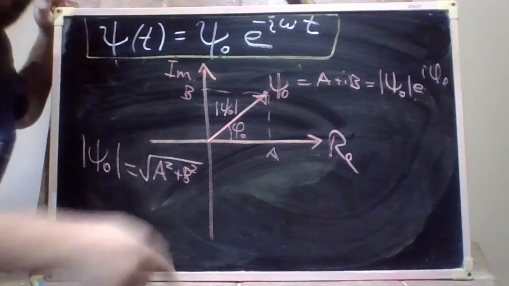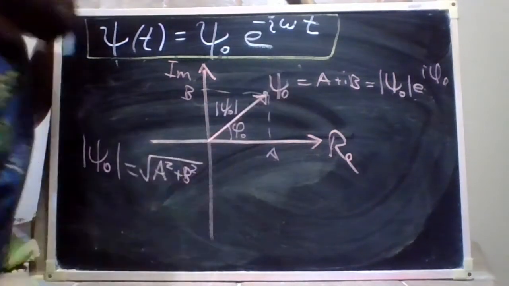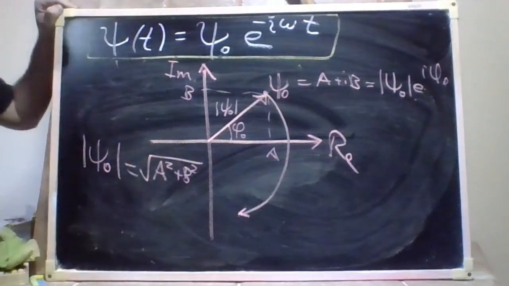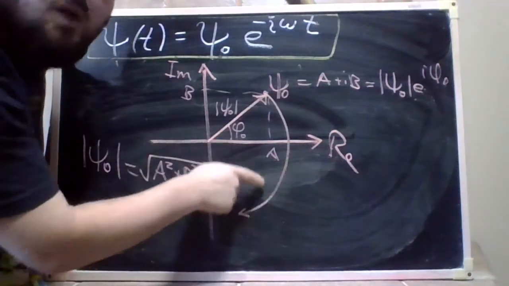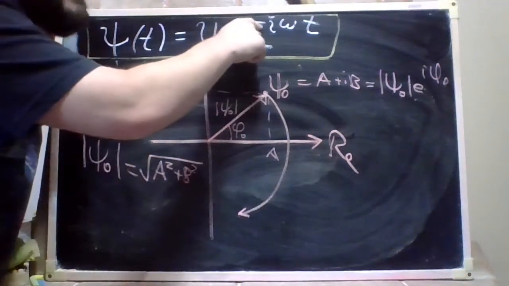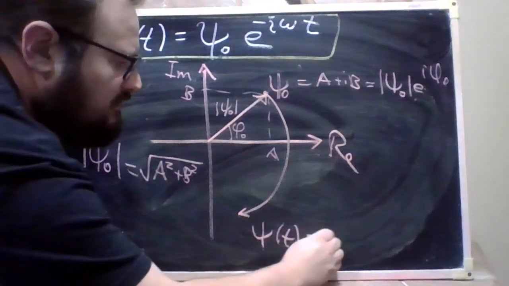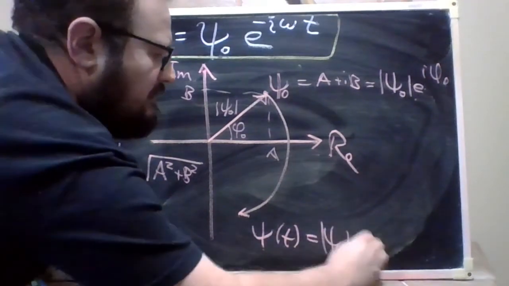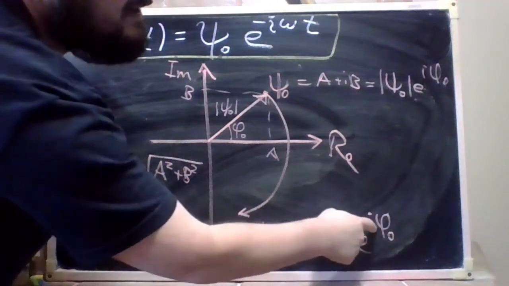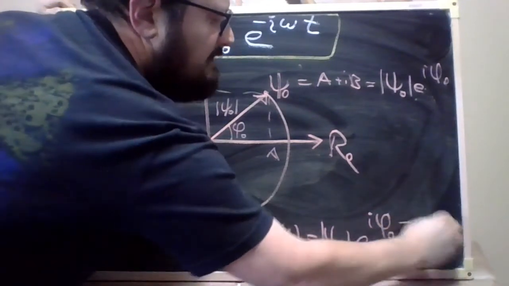And when time moves forward, when time passes, this number evolves, rotating. It just rotates in the clockwise sense. It's a clockwise rotation because of this minus here. So the number psi of t is equal to the modulus of psi 0, times the exponential of i times phi 0 minus omega t, right?